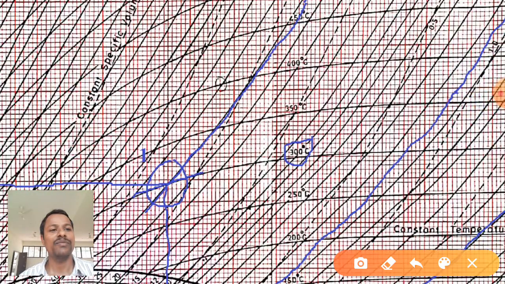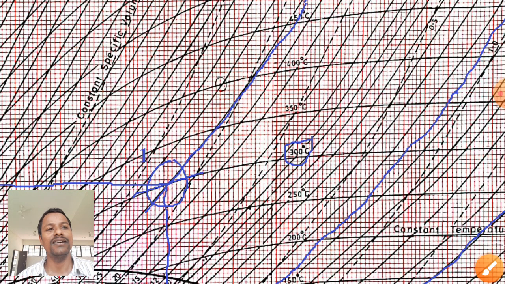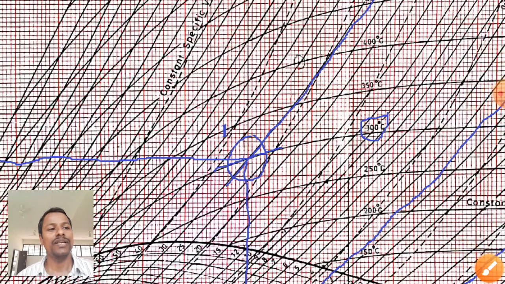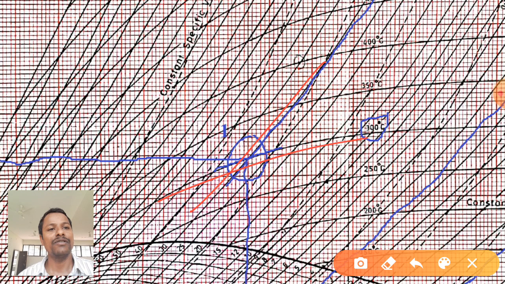We have the constant temperature lines: this is 250 degrees Celsius, this is 300 degrees Celsius, 350 degrees Celsius. In the present problem we have 300 degrees Celsius. Wherever the 30 bar pressure line and 300 degrees Celsius intersect, we have marked this as point 1. So this is state 1.